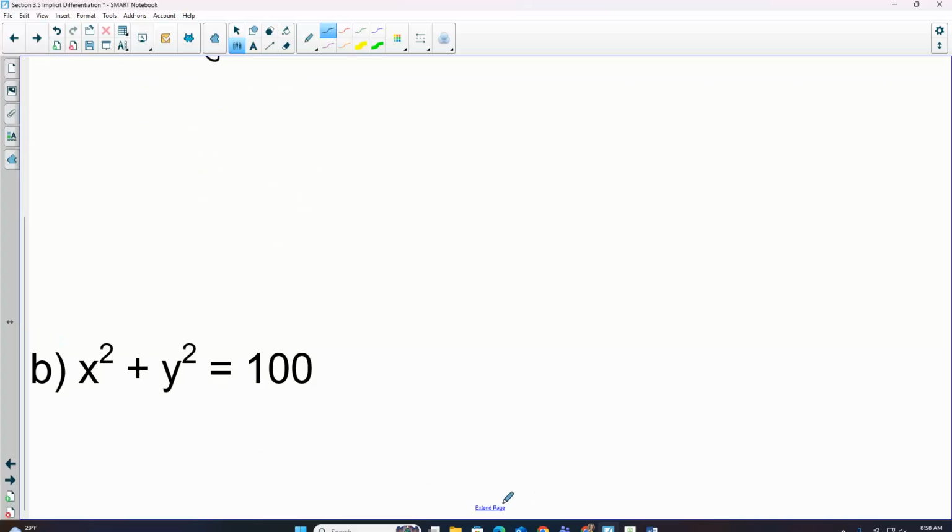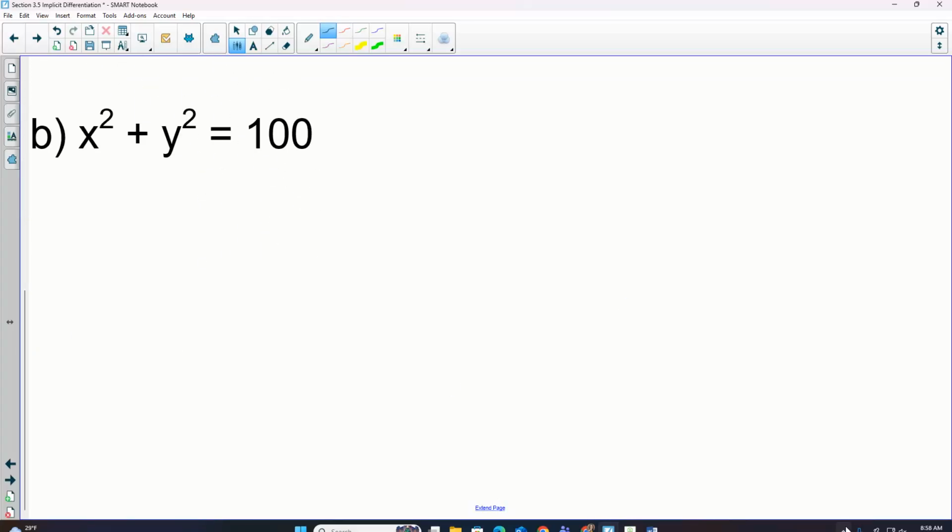So can you guys solve this one for y? When you do the square root, can you do the square root of 100 and the square root of x squared to make it plus or minus 10 minus x?